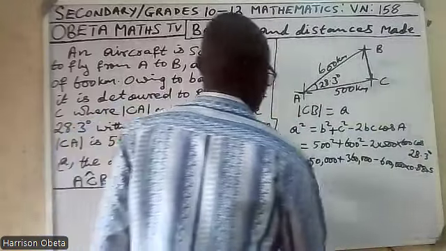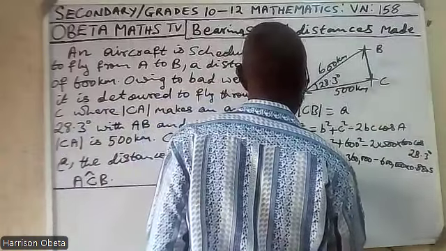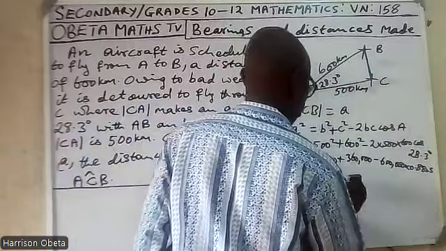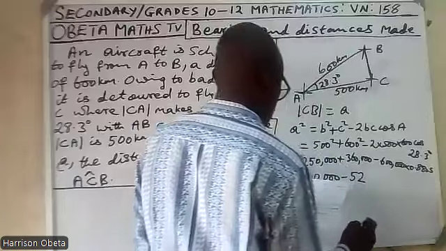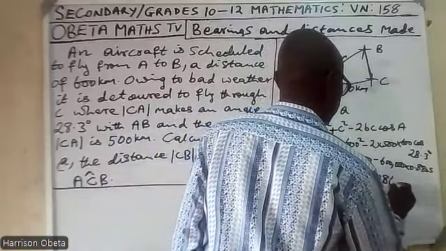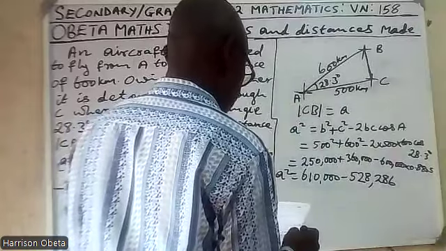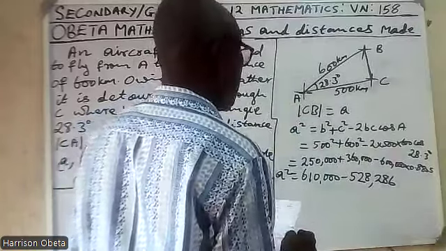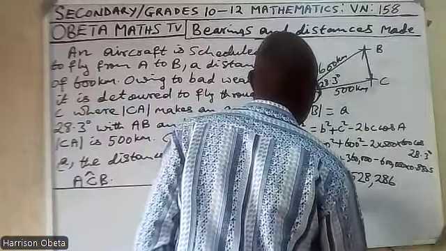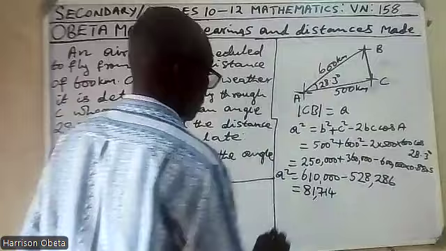So that means we are talking of A squared equal to 610,000 minus 528,286. So that will give us 81714.